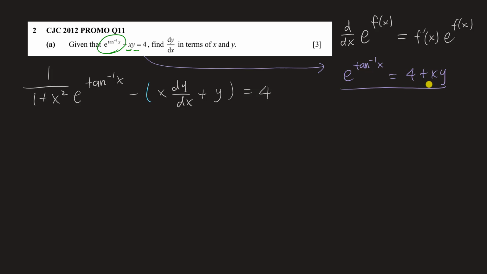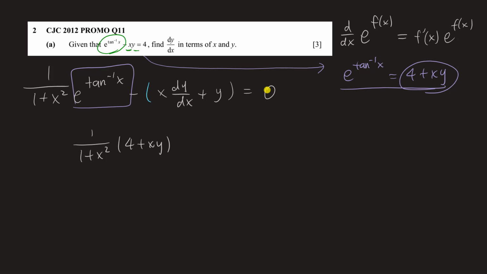Why we want to do that is because we want to make use of this and to replace this so it looks cleaner. So to go ahead, we'll write this 1 over 1 plus x squared, 4 plus xy. Oh, sorry, this is 0 because differentiating 4 gives you 0. My bad. This will be minus x dy/dx minus y equals 0.